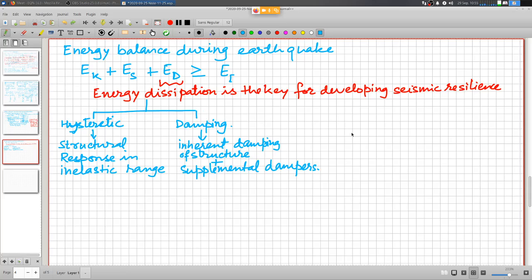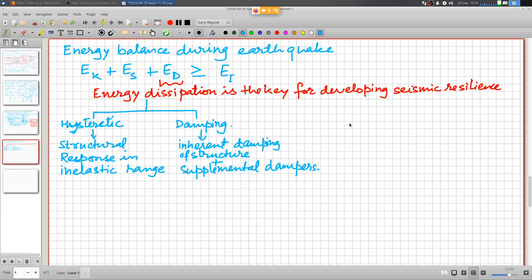That is only possible when I can design a system where I can dissipate a large amount of energy coming from a large intensity earthquake, right? If I am able to dissipate a large amount of energy, then it provides me enough safety cushion in the structure, which will allow me to save lives.